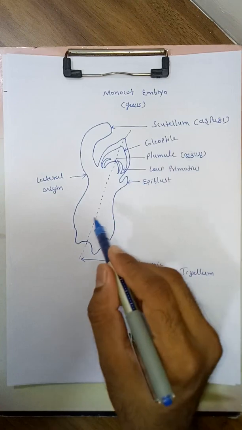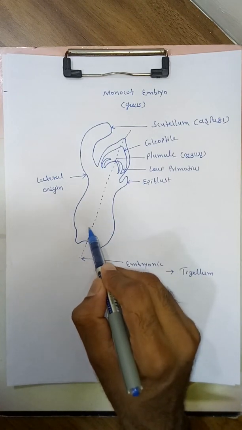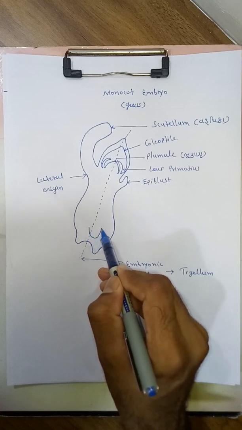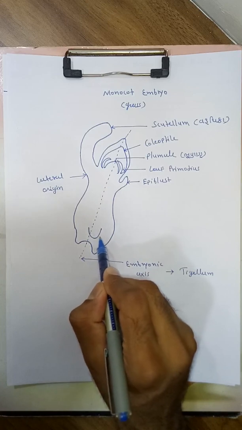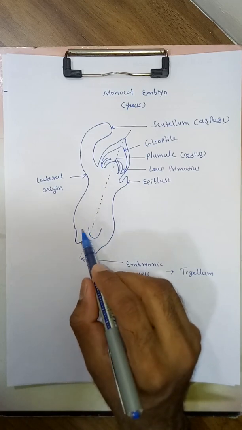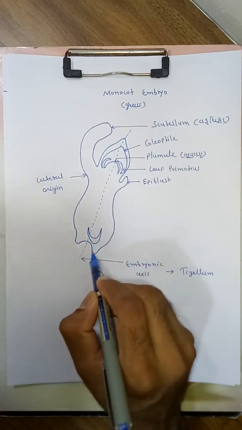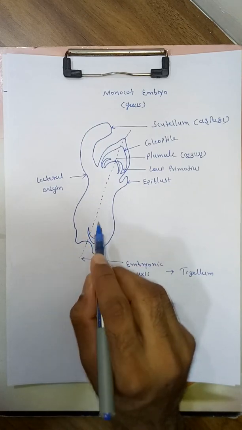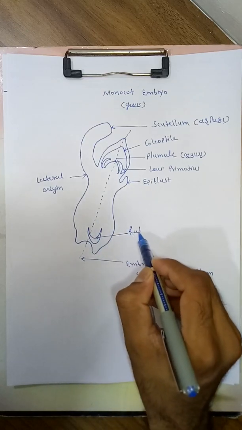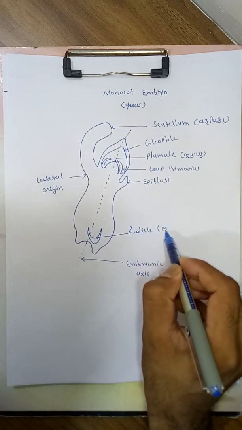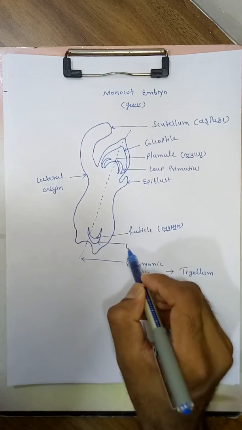Now let's talk about the radicle. This is radicle, જેને આપણે કહીએ છીએ ભ્રૂણમૂળ. Radicle is also covered by a protecting covering called coleorhiza. So this is radicle, covered by coleorhiza.